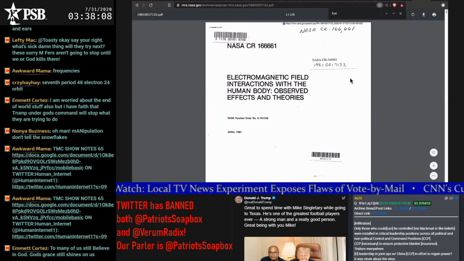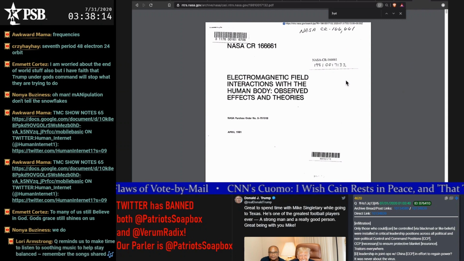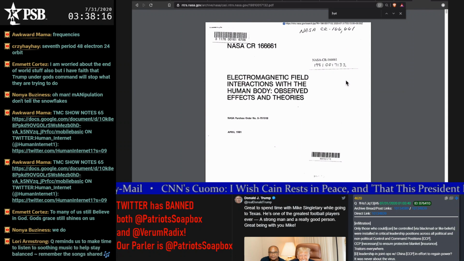So going back to NASA, before we look at photoacoustics and thermoacoustics for medical imaging, just to unequivocally show you that this is a viable technology that's in use today, electromagnetic field interactions observed with the human body. If you have not looked at this, you should.